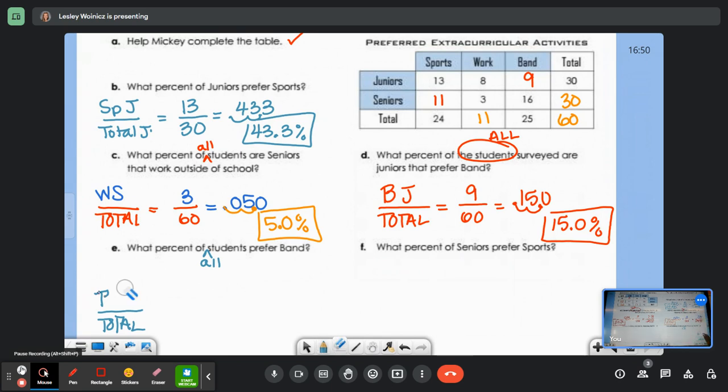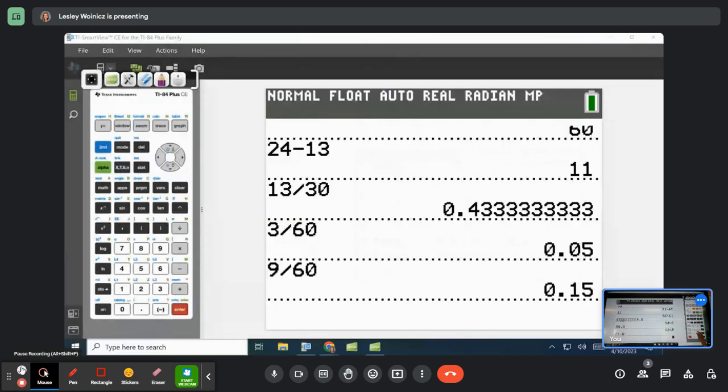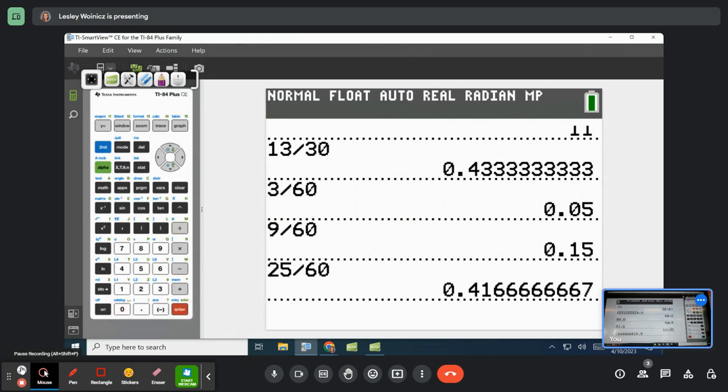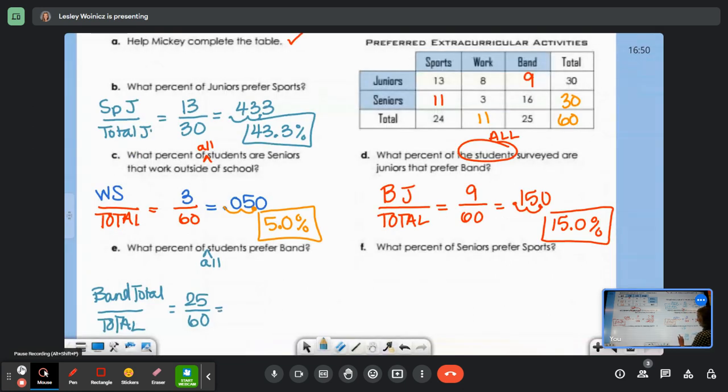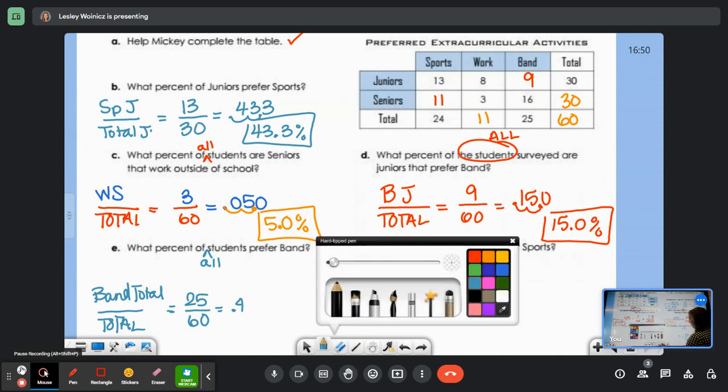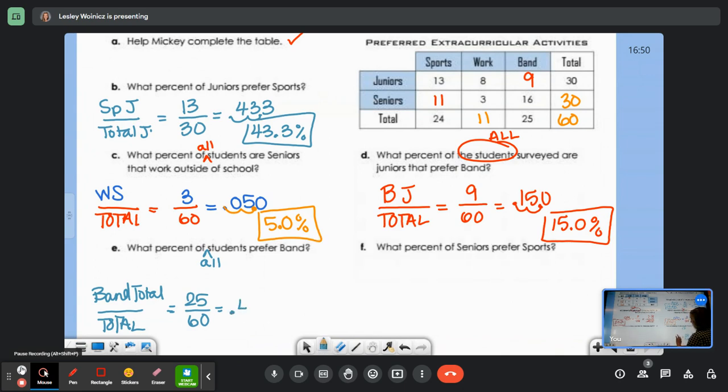So the band total is 25, and then the total is 60. So 25 divided by 60. 0.417. So that would be 41.7%.